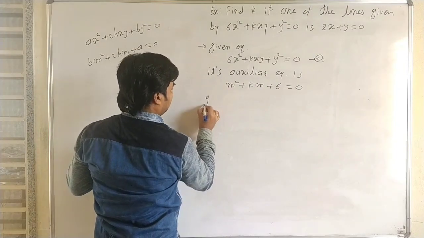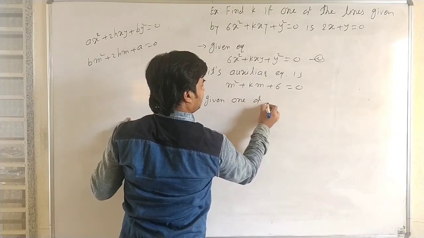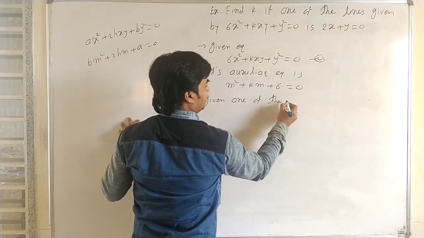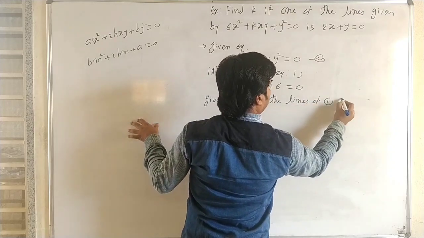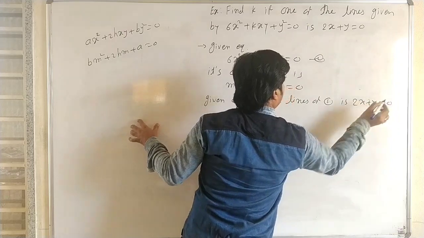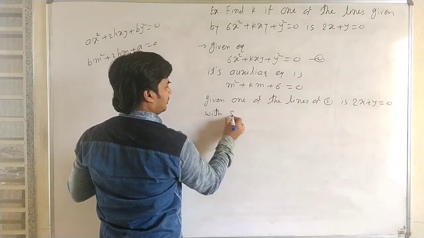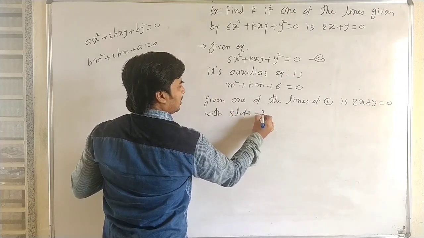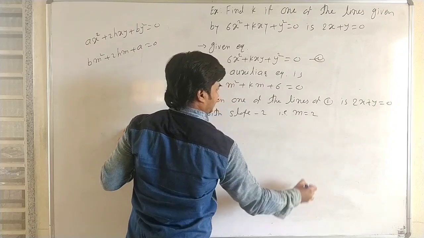Now here it is given that one of the lines is 2x plus y is equal to 0, with slope minus 2, that is m is equal to minus 2.